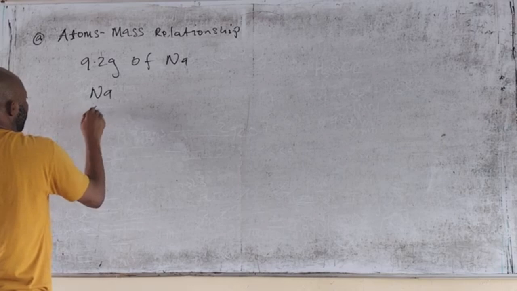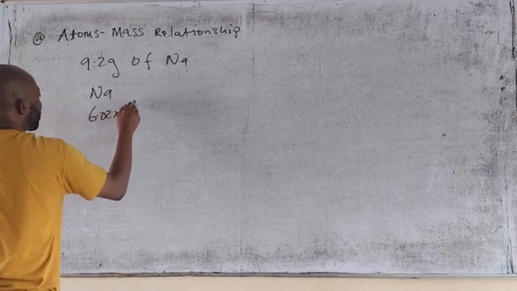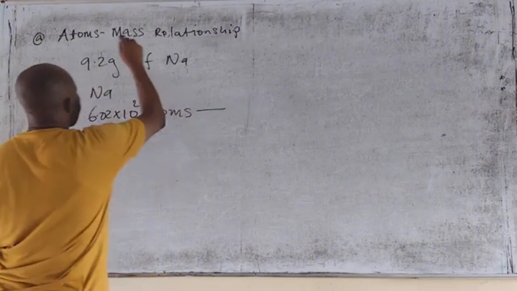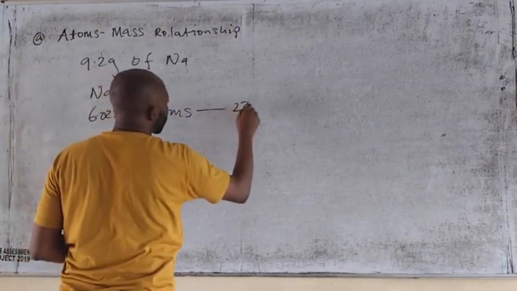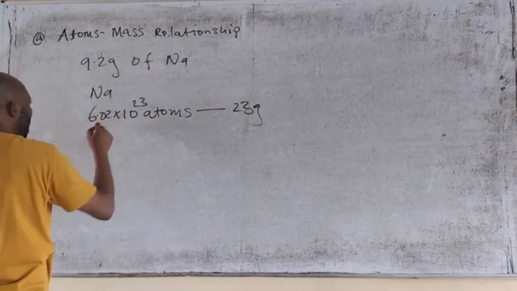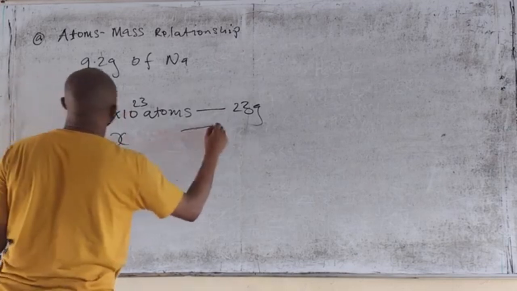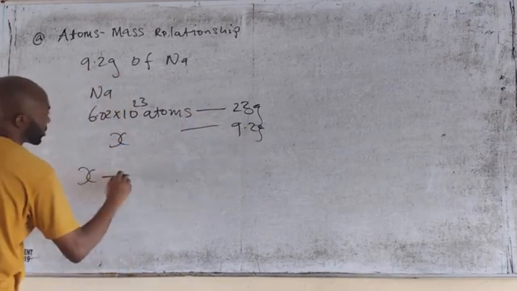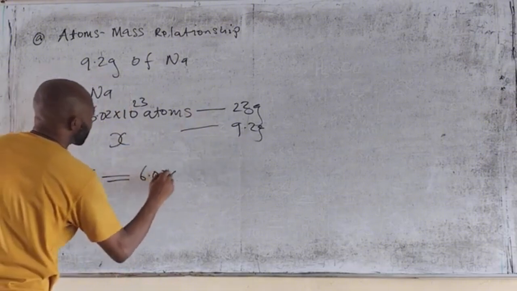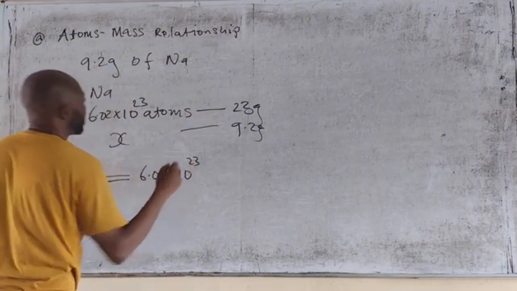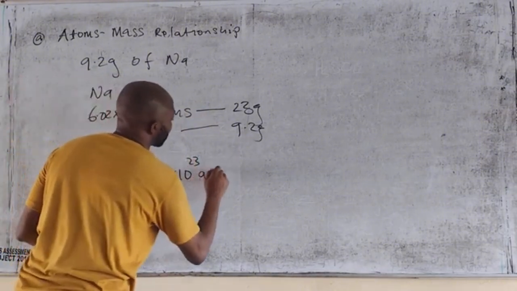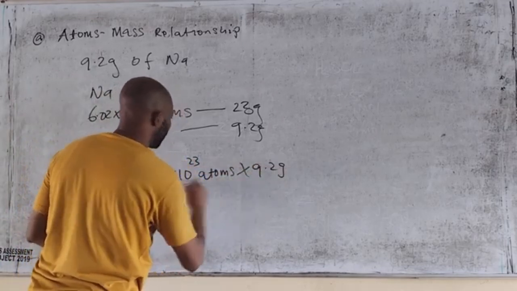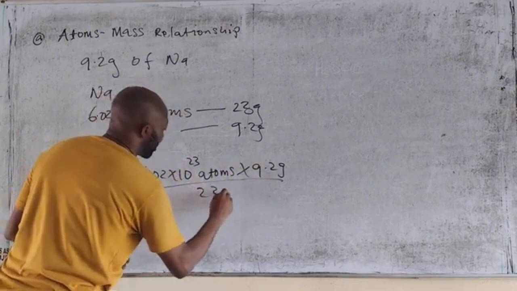Atoms, 6.02 times 10 raised to the power 23 atoms. It's equivalent to 23 grams. Now, how many atoms will give me 9.2 grams? So my x is 6.02 times 10 raised to the power 23 atoms times 9.2 grams all over 23 grams.